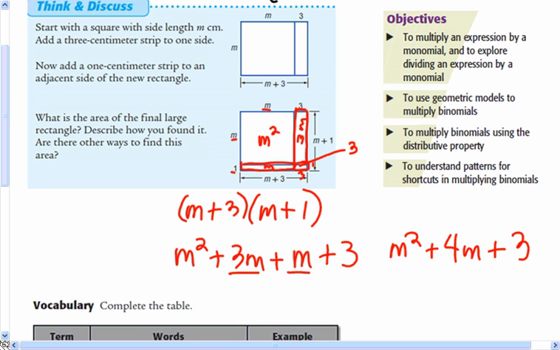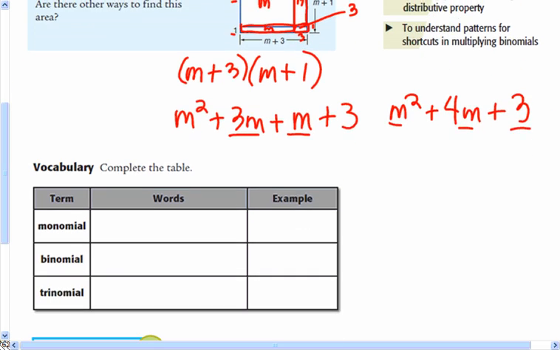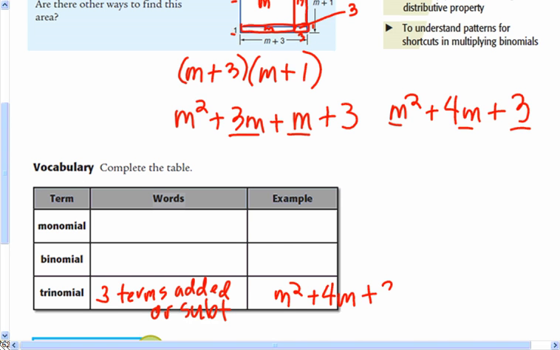When we have an expression like this that has three terms, we call that expression a trinomial. And we're going to put that on the chart here. Trinomial is three terms added or subtracted. That would be an example like the one we have right there, m squared plus 4m plus 3.